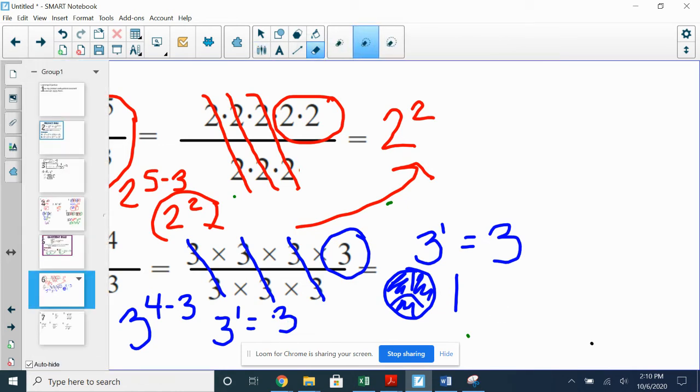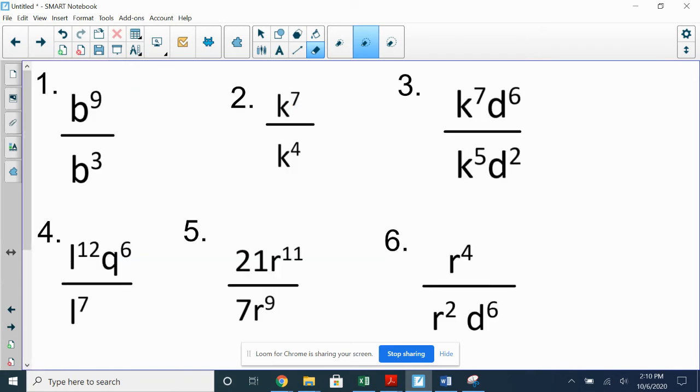So let's go ahead and look at a couple of different types of examples. First, right off the bat, I have b to the power of 9, and this line right here is one of the things I have to repeat and repeat and repeat. When we see something over something else, this line means that we are dividing. So when I have b to the 9 over b to the 3, I know that I'm dividing those.